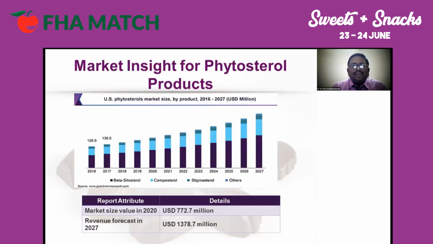So now let us enter into the market size. In the year 2016, 126 million USD was projected, and these are the different forms of phytosterols: beta-sitosterol, campesterol, and stigmasterol. You can see the blue shade, then dark blue, and different blue shades, which show the different forms of phytosterol and their status in the market.